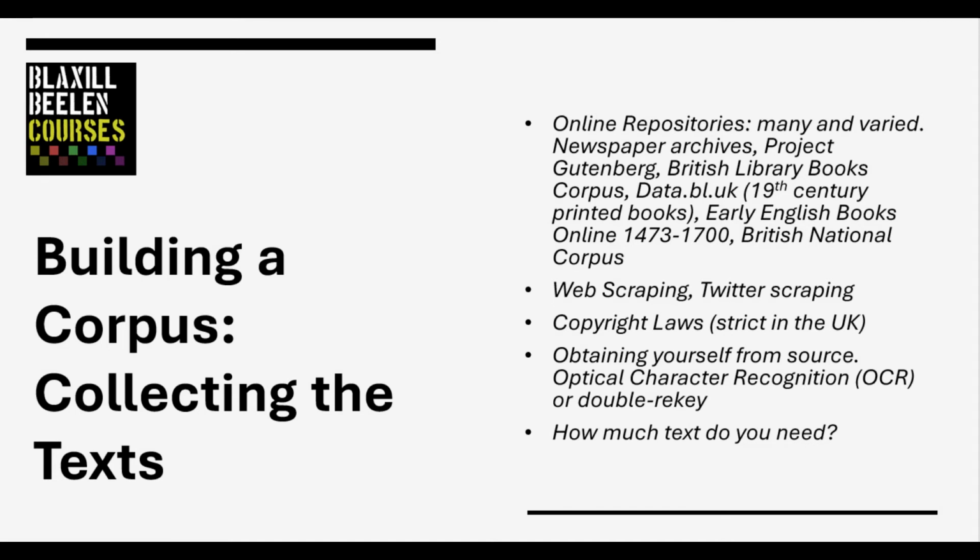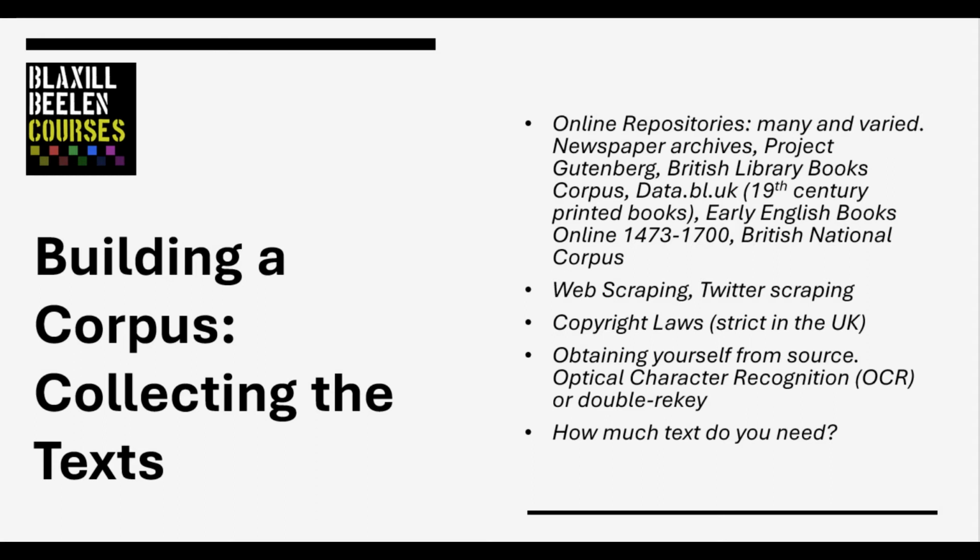There are two, I think, important additional ways in which you can textualize the textual data, i.e. make it machine-readable. There's one which probably will not apply for most historians because obviously we tend to be interested in past textual data, but it might apply for some historians of very recent times, and that is web scraping and Twitter scraping.